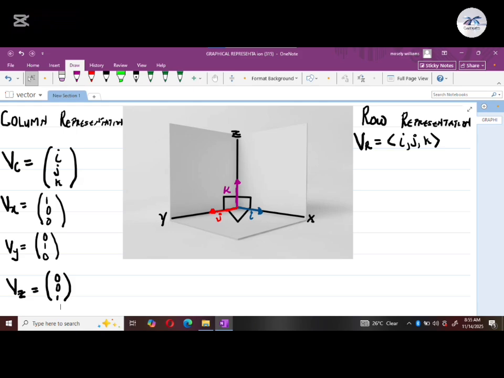The position for the vector y will be (0, 1, 0) because the vector y is also parallel to what? The y-axis. Also for the vector z, the position will be (0, 0, 1) because the vector z is parallel to the z-axis. The values are the same for the row representation, but the presentation is different.